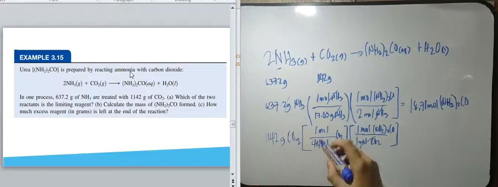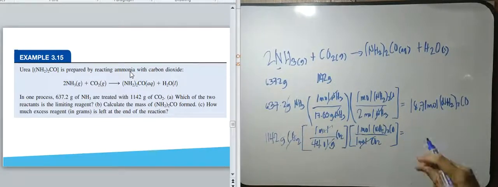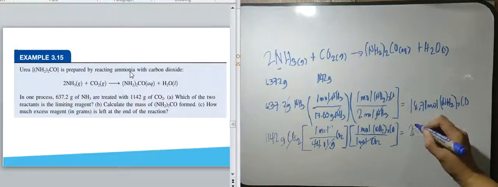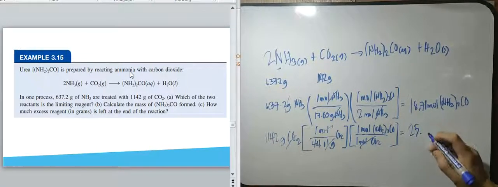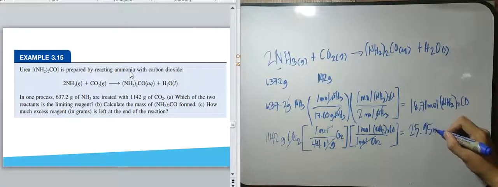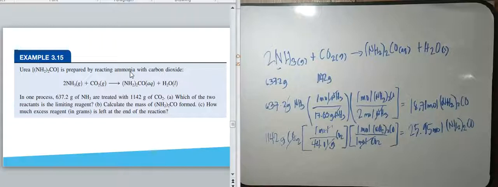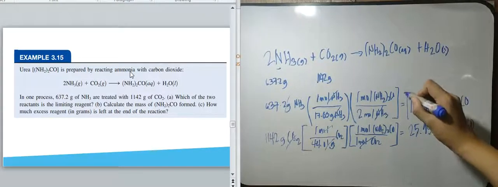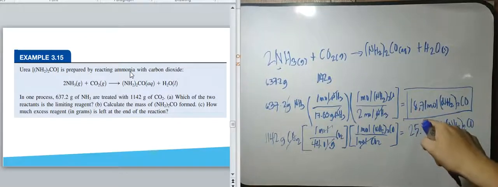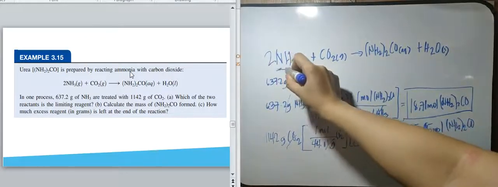Cancel, cancel. So therefore, how many moles of urea are formed with 1,142 grams of carbon dioxide? It has 25.95 moles H2NCONH2. So therefore, we can conclude that the limiting reagent is this one because it has a smaller amount. So the limiting reagent is NH3.